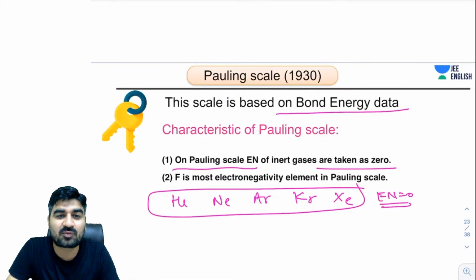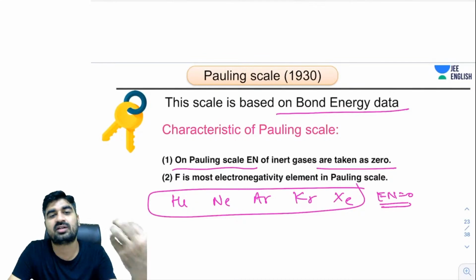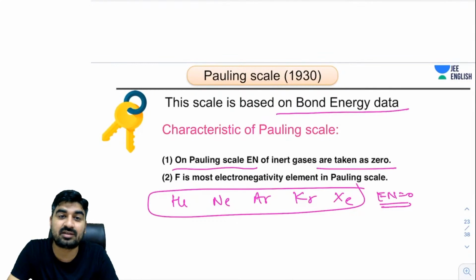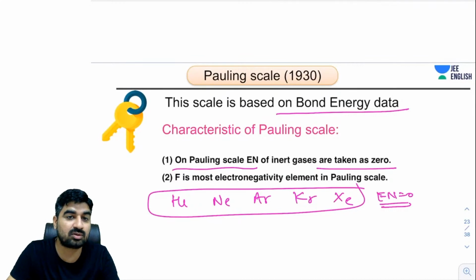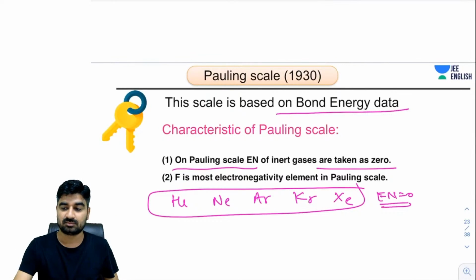Because these do not form bonds with anyone else, so how will they attract? In 1930 there was no known compound of these elements, so these were considered as inert. Right now you know xenon forms many compounds, but in 1930 there was nothing.